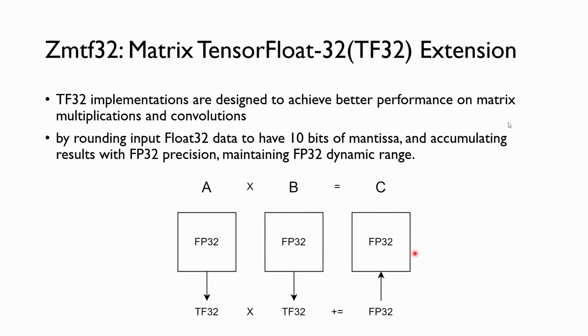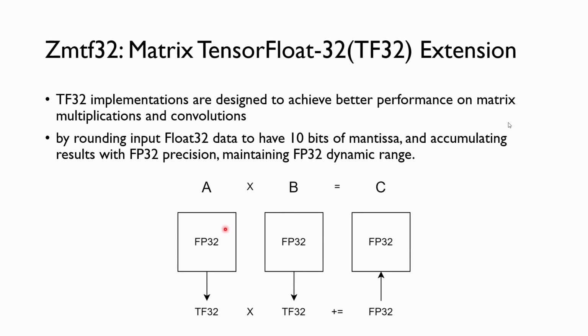The TensorFloat 32 data format is only used in computations, and it was developed to achieve better performance on matrix multiplications and convolutions. By rounding input FP32 data to have 10 bits of mantissa and accumulating results with FP32 precision, it maintains the FP32 dynamic range.